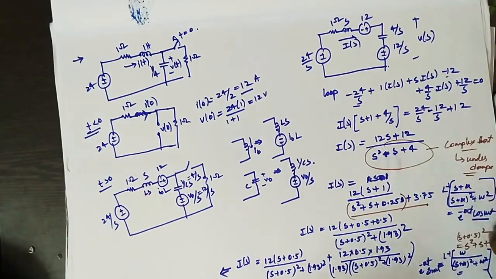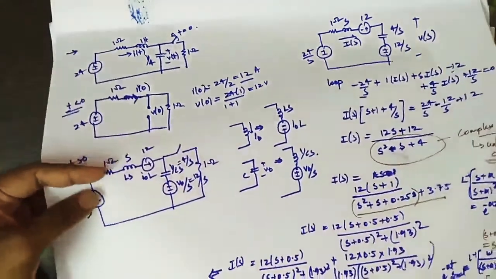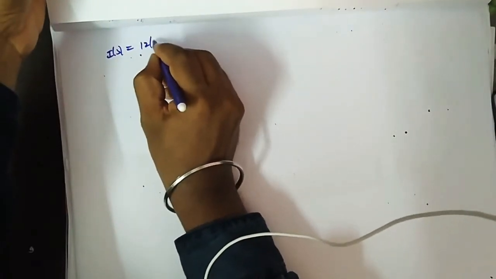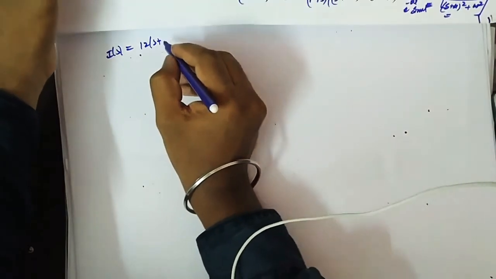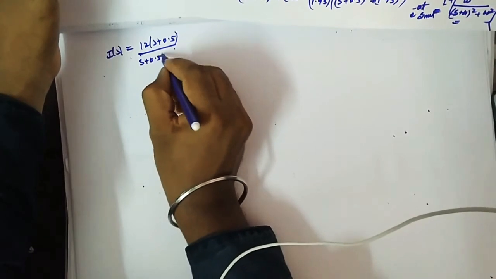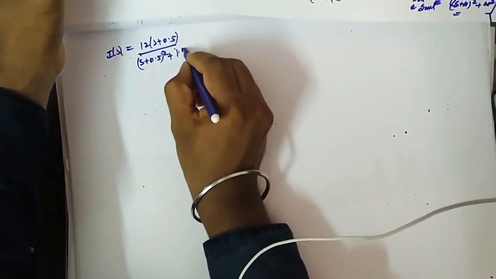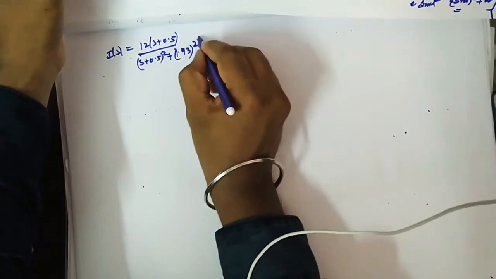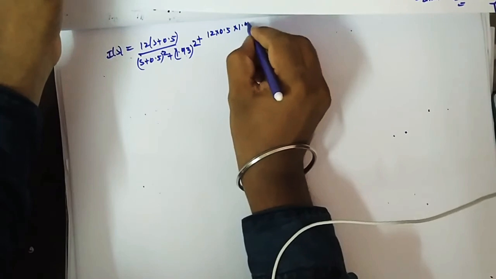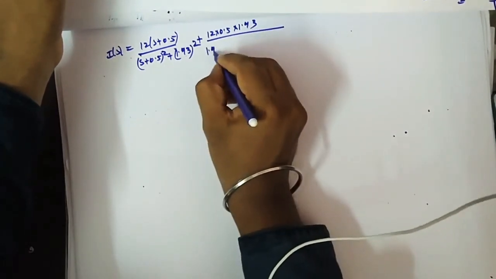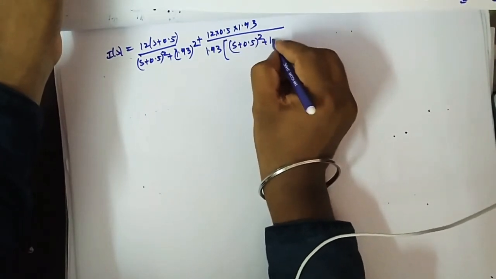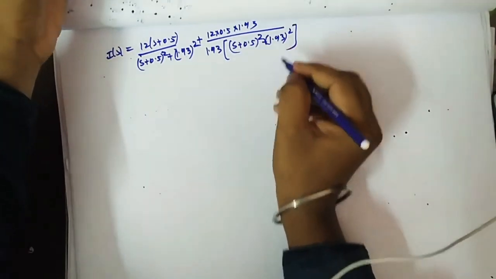So again I'll write all this equation. I of s equals 12 into s plus 0.5 by s plus 0.5 whole square plus 1.93 whole square, plus 12 into 0.5 into 1.93 by s plus 0.5 whole square plus 1.93 whole square.